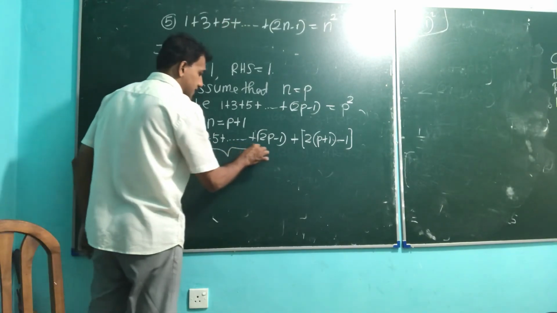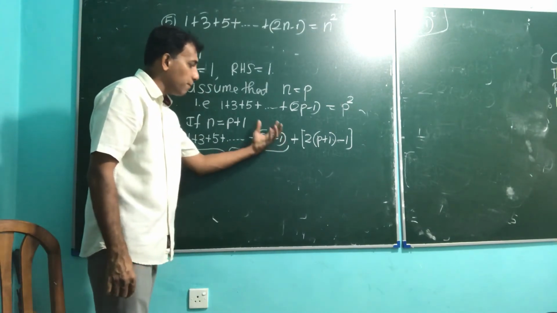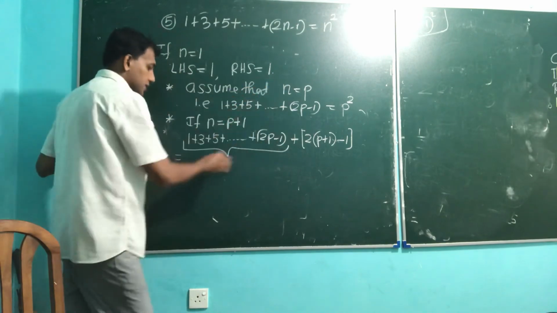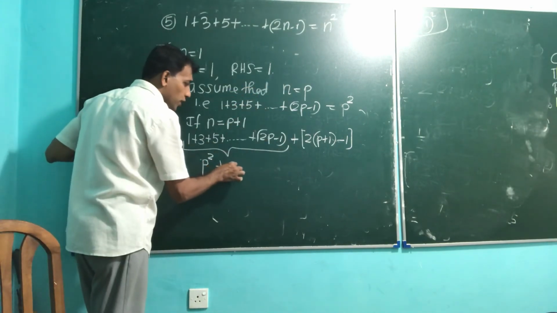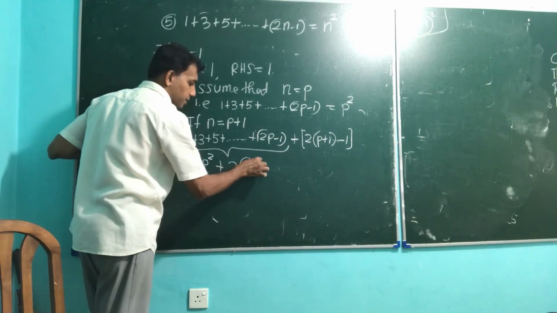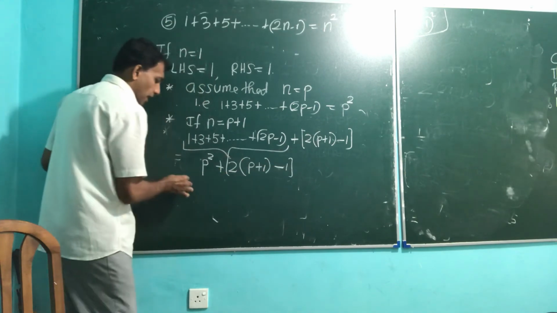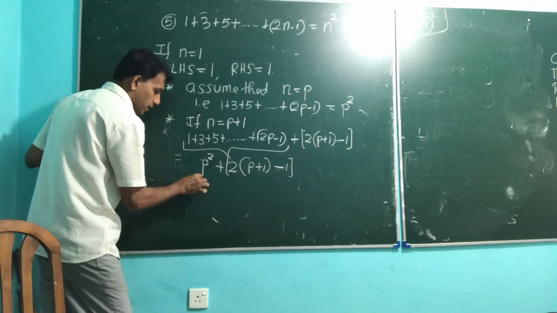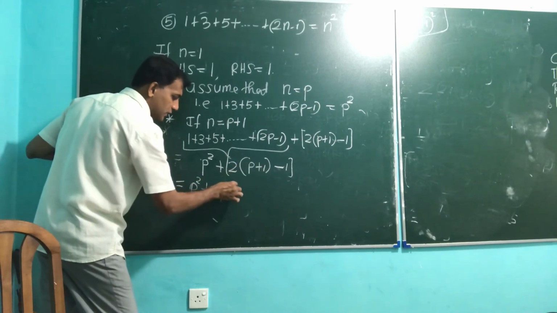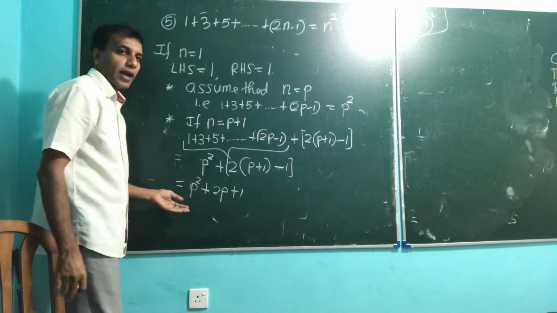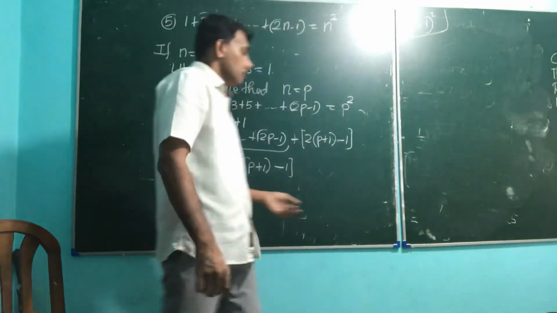Always we use the assumption here. 1, 3, 5 up to p numbers, the answer is p square, plus 2 into (p plus 1) minus 1. So what is that? p square plus 2p plus 1 in total. Simple maths. Another 10 minutes, the second period is over, I'll reconnect.